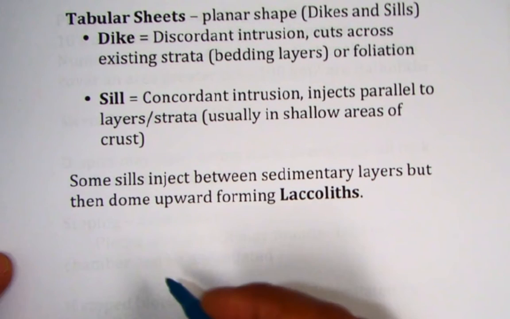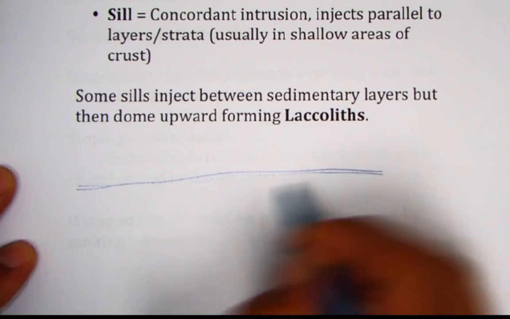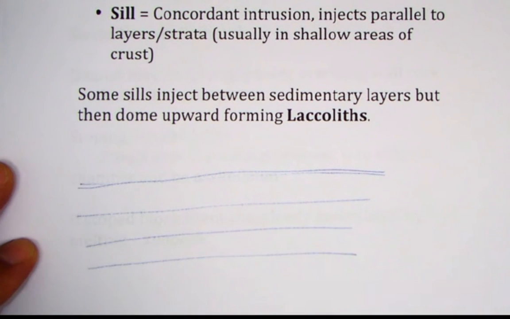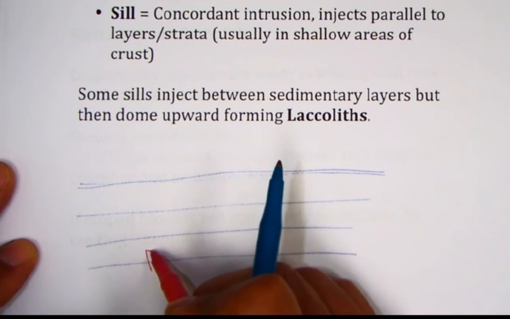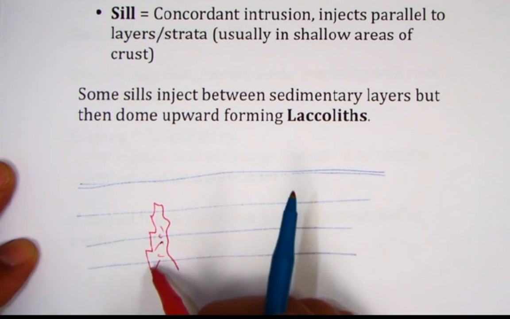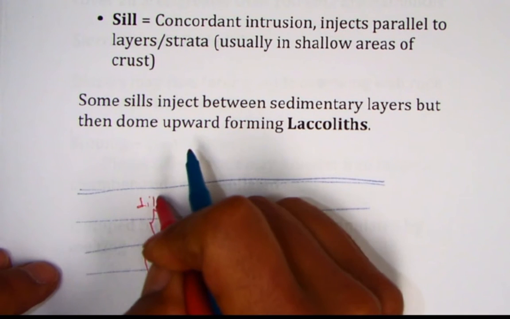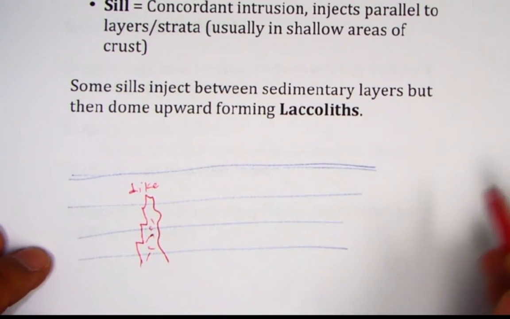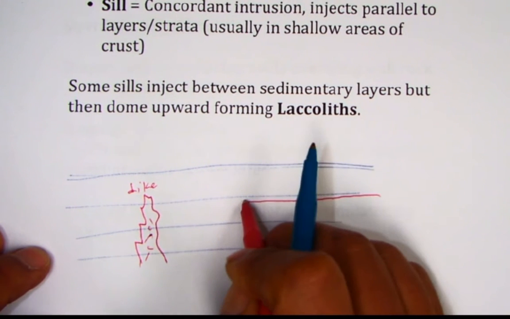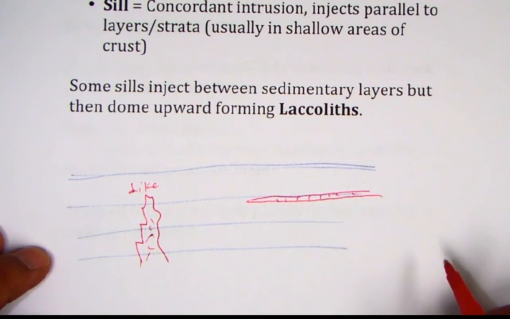Let's look at an example. Let's say we have some strata here, some rock layers. The discordant intrusion would be a dike that comes up from a magma chamber here. Note that this dike cuts across existing layers. So that would be our dike. A sill would penetrate parallel to layers here, so the sill would be in between these layers.